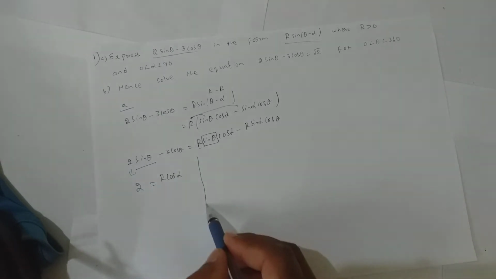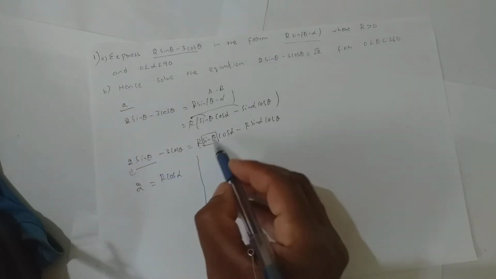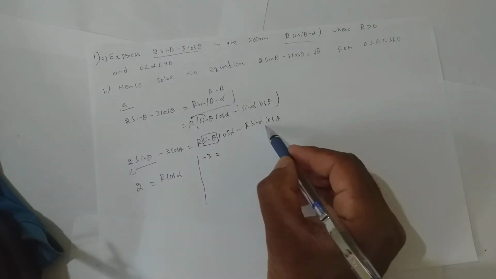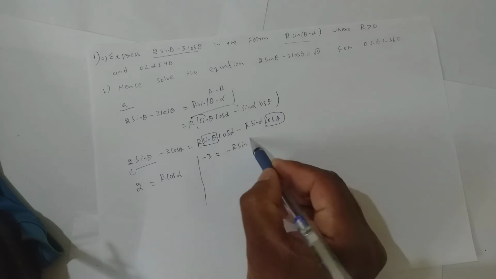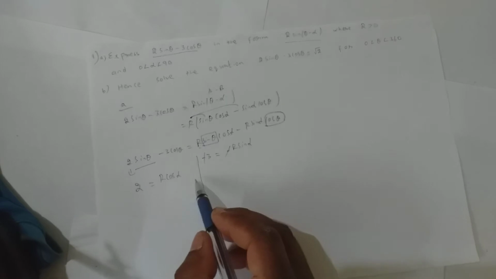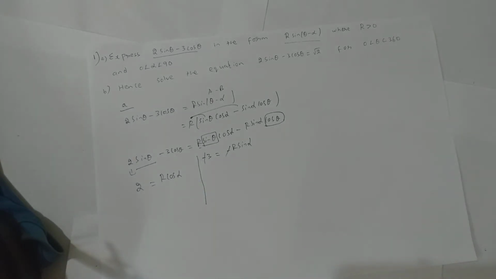Clear? Same way, compare cos theta terms. Before cos theta, what do I have? Minus 3. On the other side, cos theta is here, and before it is minus r sin alpha. So cancel minus and minus. I have got two equations to find r and alpha now.